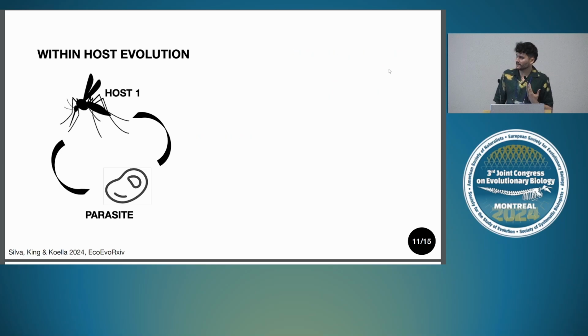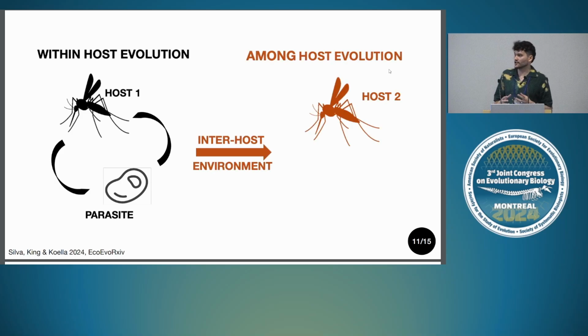Because so far I've been talking about within host evolution, and that's one step of transmission, but it's not all of the picture. The whole picture includes within host evolution, but also among hosts. And besides STDs, no other pathogen lacks some kind of interhost environment. All pathogens have an interhost environment.